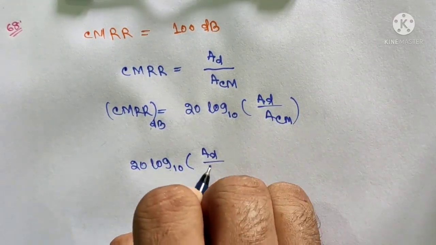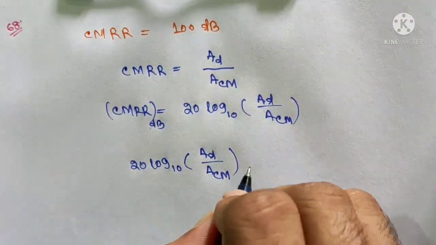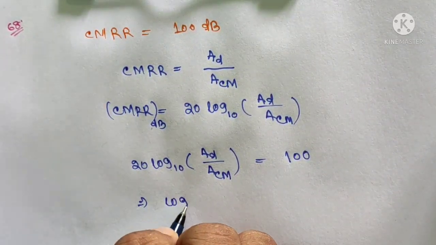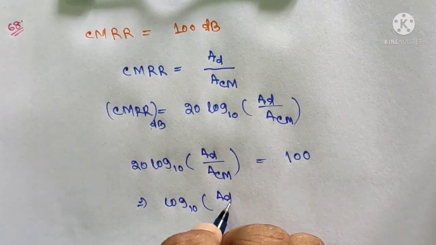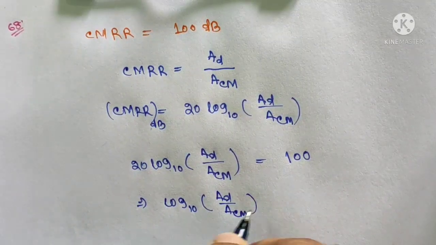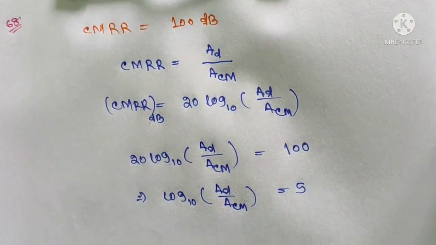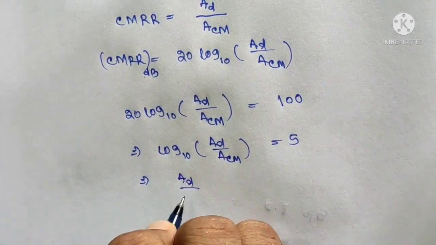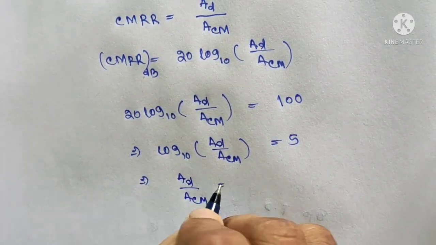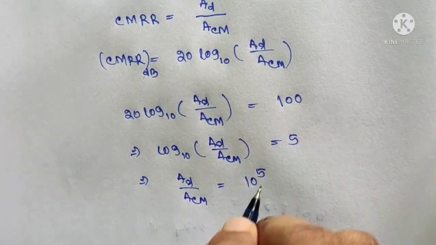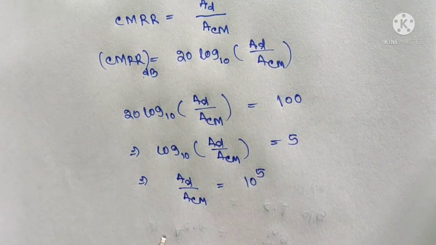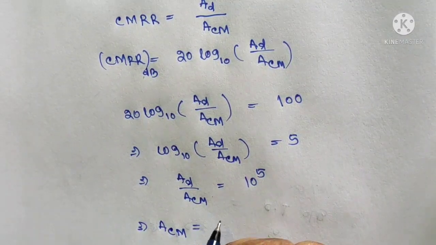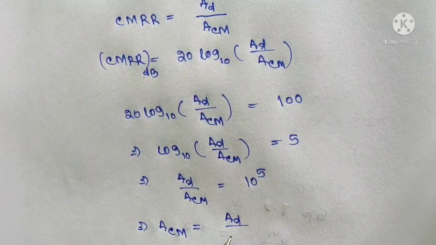AD by ACM equal to 100, or from here log of base 10 AD by ACM equals to 5. Now from here AD by ACM equal to 10 to the power 5. Now ACM common mode gain equals to AD by 10 to the power 5.